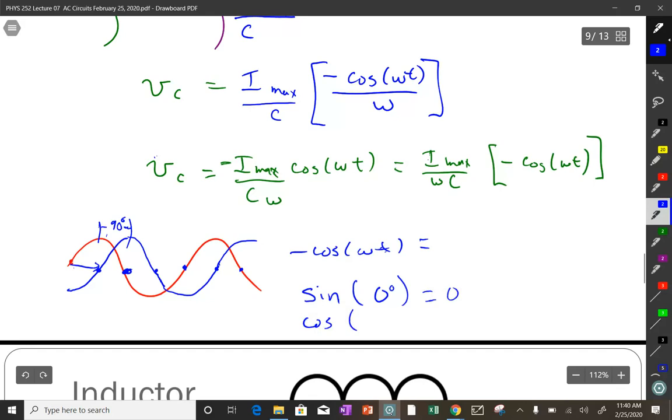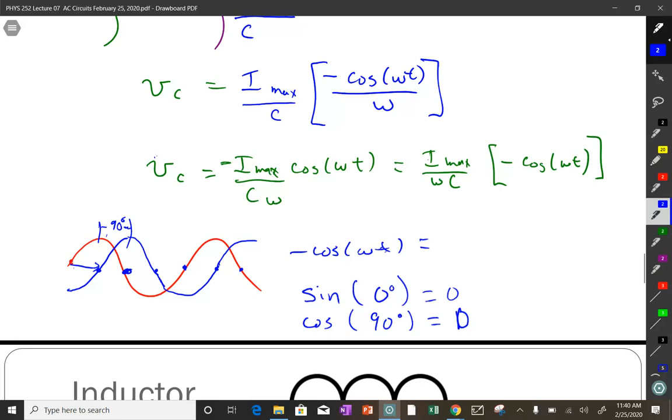Cosine of 90 degrees equals 1. No, 0. 0, right. 0 is what I was shooting for. I wrote the number wrong, not the angle wrong. So cosine of 90 degrees is 0. Okay. So by subtracting 90 degrees and switching from cosine to sine, you get the same thing.